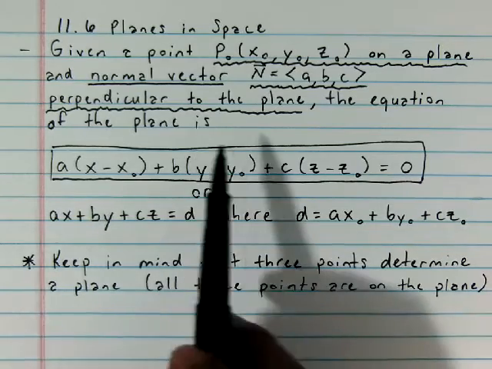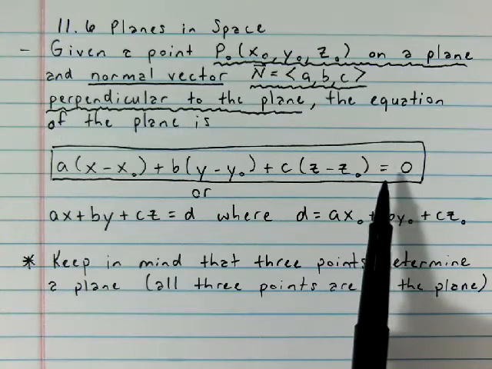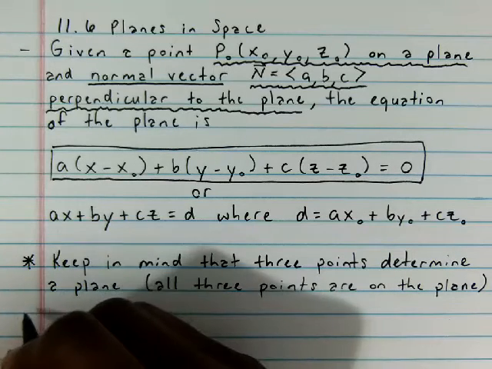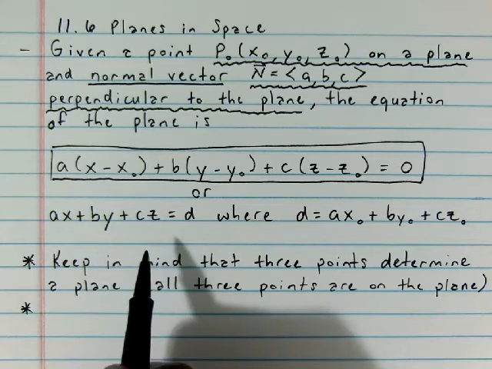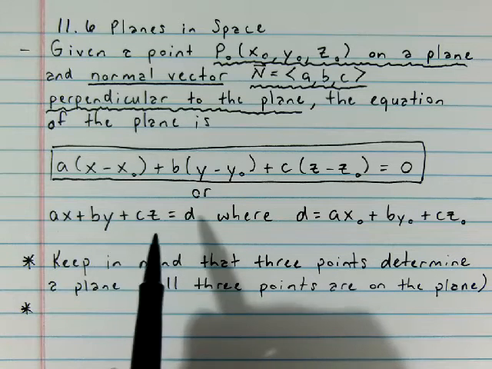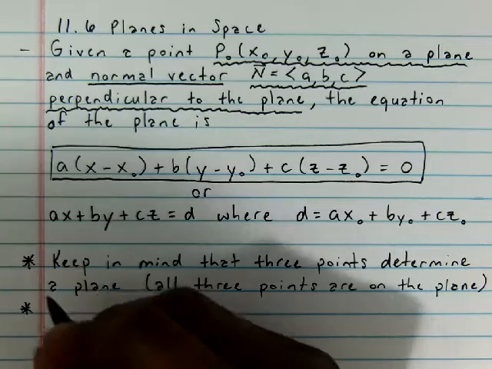Now, this definition we have up here also tells us that yes, if we have 3 points, we have a plane. And we can also find the equation of a plane if we have 1 point on a plane and a vector perpendicular to the plane.